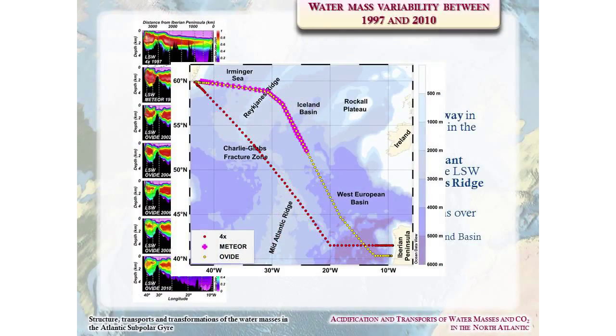Now, with respect to the time variability of the water masses between 1997 and 2010, first we evaluated if the different section pathway influences the distributions of the water masses. For this purpose, we used data of the Meteor cruise that was taken almost at the same time as the FOUREX section, and whose cruise track shares the track of the OVIDE section in the Irminger and Iceland basins.